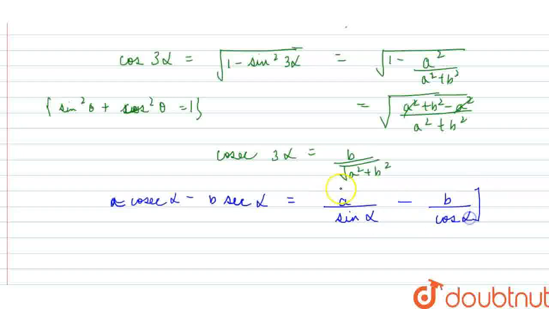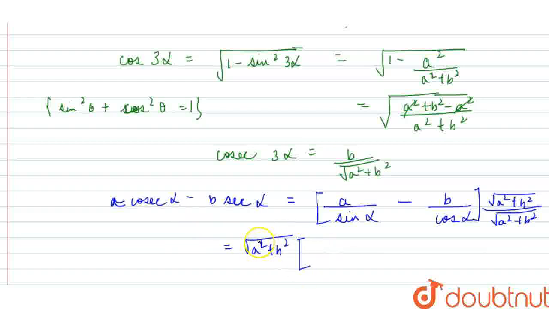Now I'm multiplying the numerator and denominator by under root of a square plus b square. Under root of a square plus b square of the numerator I'm taking outside, and it is left with a upon under root of a square plus b square into 1 upon sine alpha minus b upon under root of a square plus b square into 1 upon cos alpha.